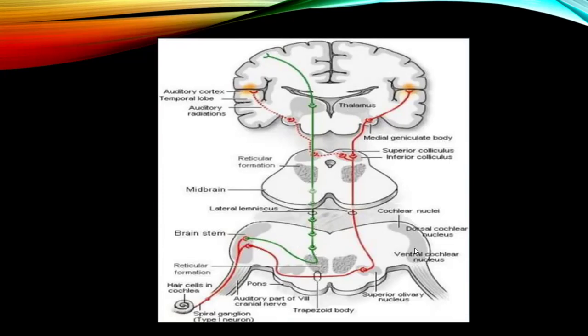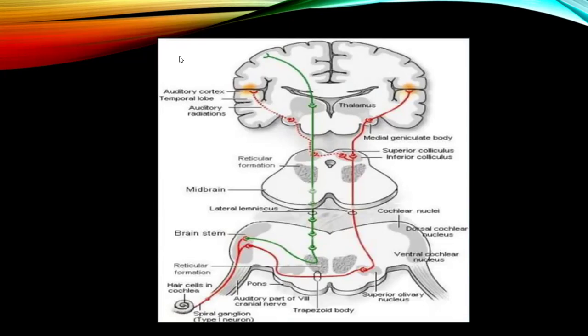Here, decussation happens, so the pathways have bilateral representation in the cortex. From one ear, if the stimulus is sent, it is always represented bilaterally. It ascends through the lateral lemniscus towards the medial geniculate body. From the medial geniculate body, it ascends towards Heschl's gyrus. So this is how the auditory pathway is.